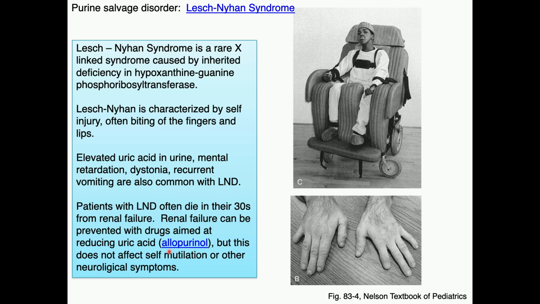So the idea with the allopurinol treatment is to slow the generation of uric acid to a rate that can be urinated out without the generation of the kidney stones or the gout. So the allopurinol treatment can be effective in resolving the hyperuricemia in patients with Lesch-Nyhan, but it doesn't have any effect on the neurological self-injurious behavior or with the dystonia or mental retardation.